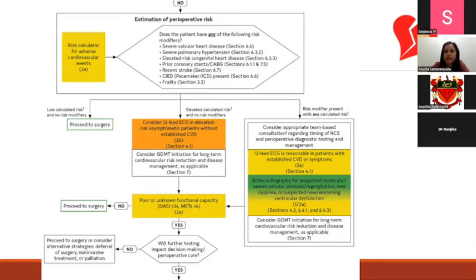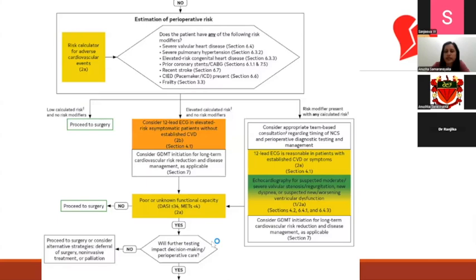And at the same time, if the investigations are okay, and the functional capacity is okay, then we can proceed with the surgery. Again, if the functional capacity is low, then the patient might need further testing if the time permits.